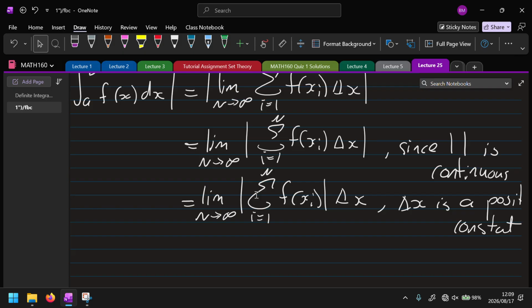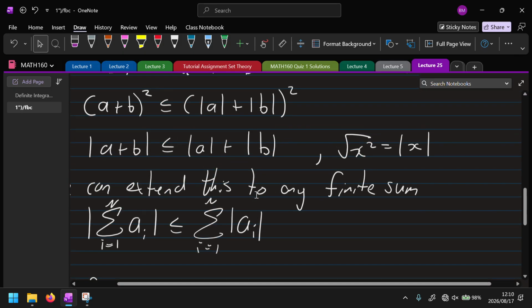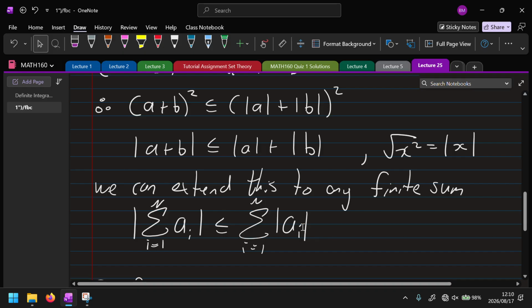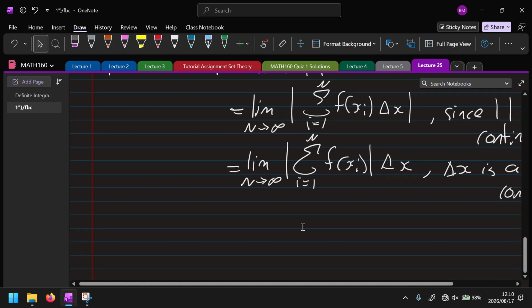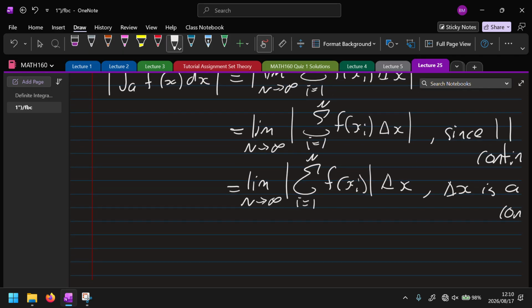There's the triangle inequality. There's nothing new that we're doing. It works for finite sums. We have finite sums, so let's use the triangle inequality. So this is now going to be less than or equal to the limit n goes to infinity. Now the sum goes on the outside, and the absolute value jumps in, becomes an inequality.